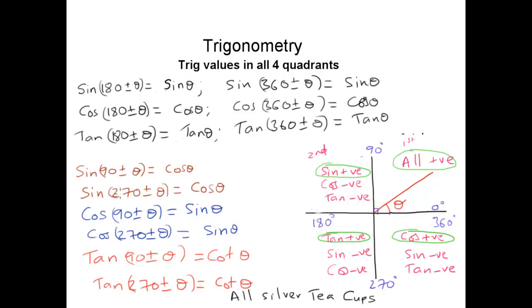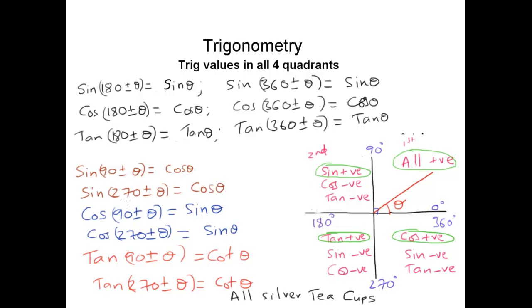So at 90 and 270, all the trigonometric functions change: sine to cos, cos to sine, tan to cot, cot to tan, and secant changes to cosecant, and cosecant changes to secant, which I haven't written here. But at 180 and 360 the functions don't change, they just remain the same, except the signs might change depending upon which quadrant the angle is in.